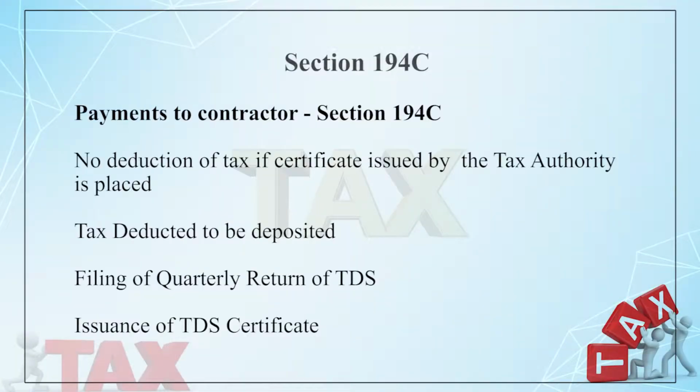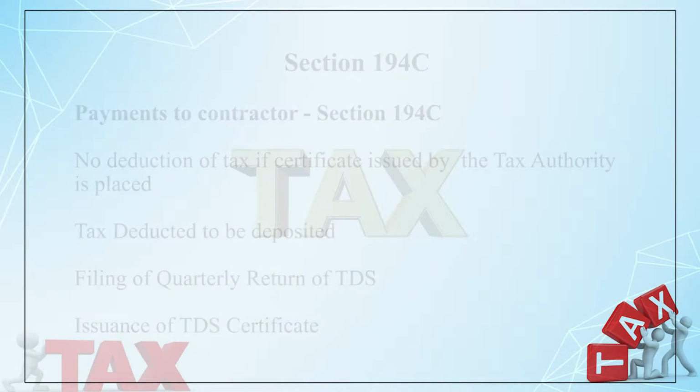So when a contractor has been engaged, a certain amount is payable to that contractor. The law says that if a contractor has been engaged, you need to deduct tax at a particular rate while making payment to the contractor. The moment we deduct, it becomes a responsibility of the deductor to deposit the taxes. Two immediate responsibilities come out. Responsibility number one, deposit the amount during the next month, by 7th of the next month.